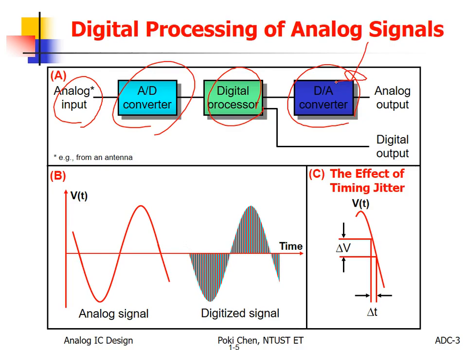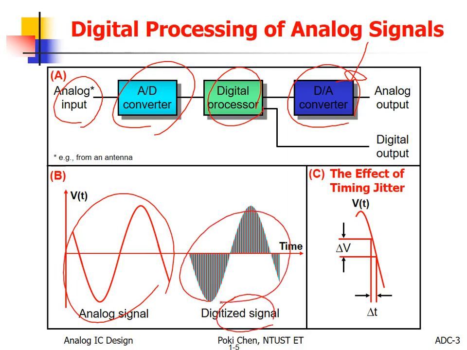So we need DAC. And this is, for example, analog input, sine wave. We take sine wave as a very good example. So after digitization, you can see again everything is discrete, not only in time domain but also in your magnitude. Yeah, I mean in voltage domain or in current domain.